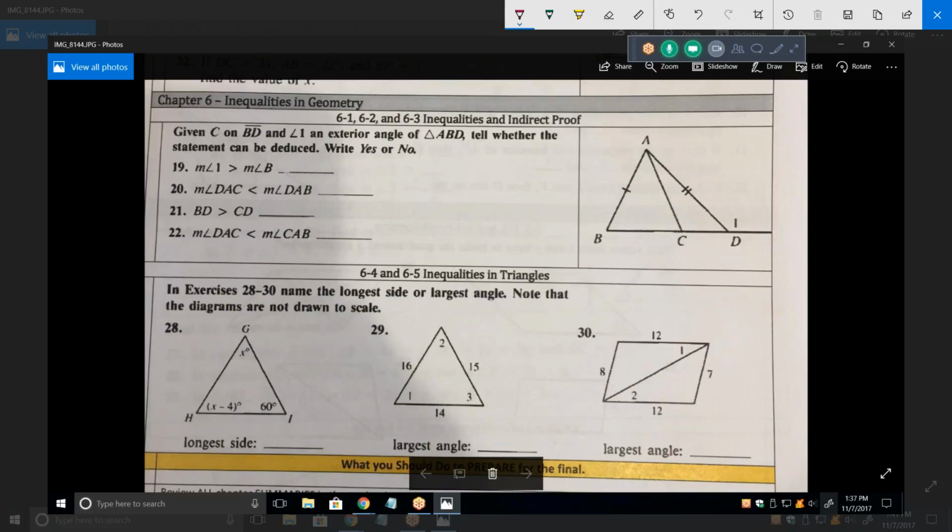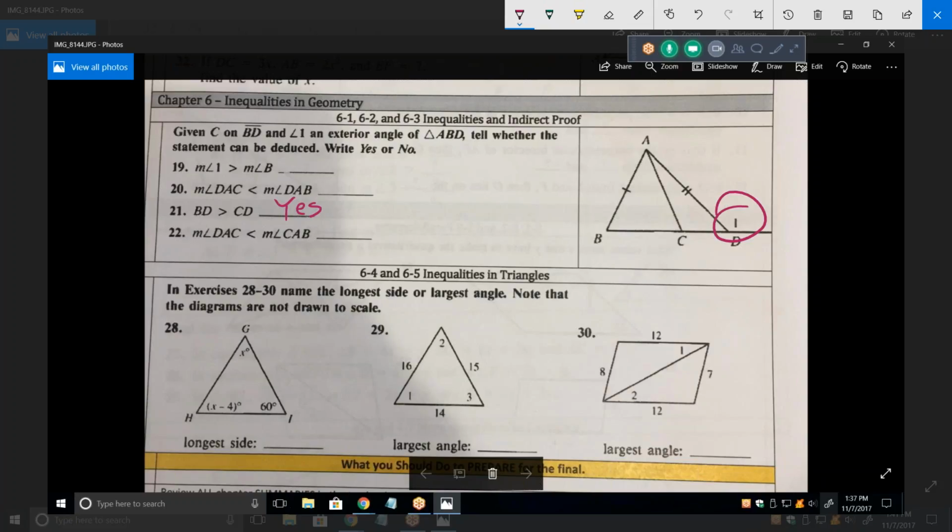BD is greater than CD. Well, what are we missing here? Why is this question on here? Given C on line BD and angle 1 is an exterior angle, tell whether the statement can be deduced. Yes or no? Which one's angle 1? Right there.